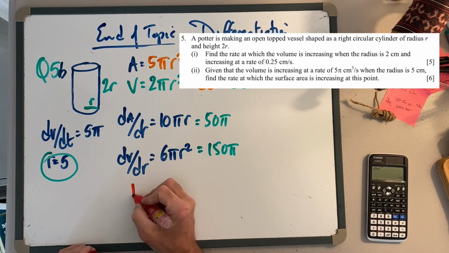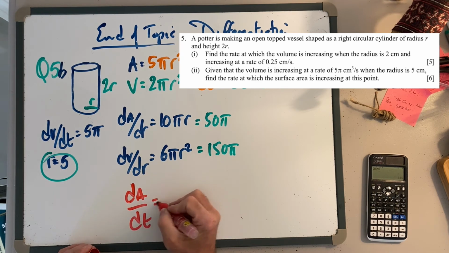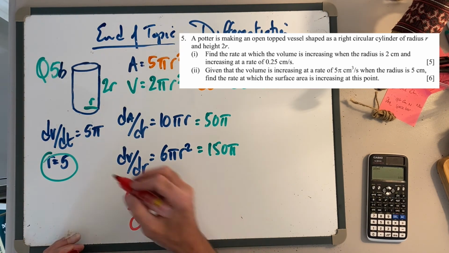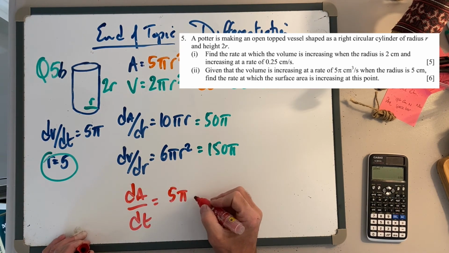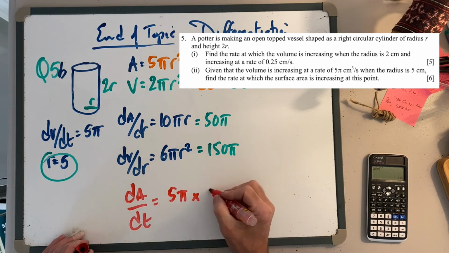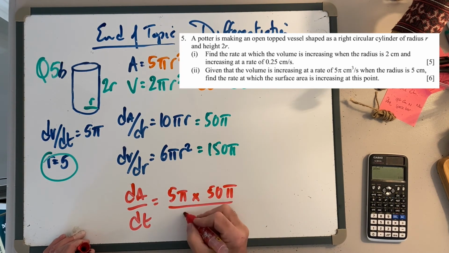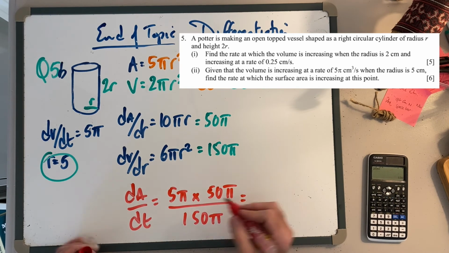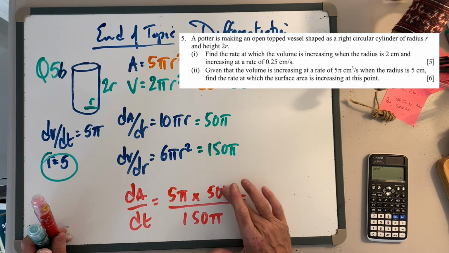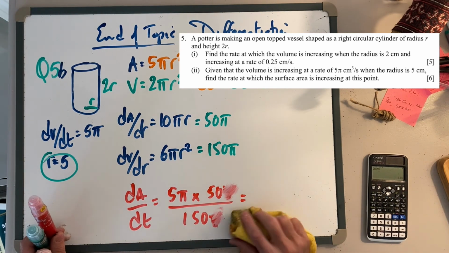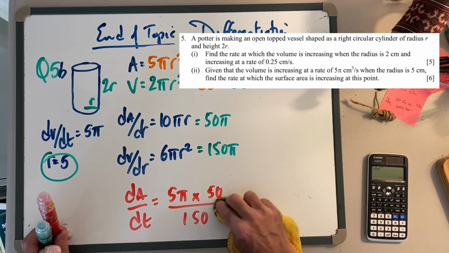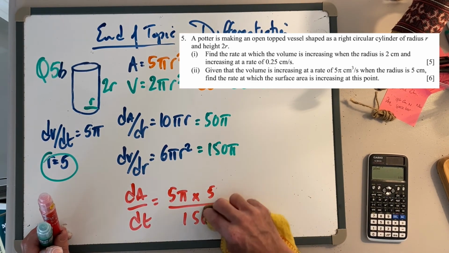So now let's see if we're getting this right. dA/dt equals dV/dt, 5 pi, times dA/dr, 50 pi, all over 150 pi. Obviously I can get rid of one of these pi's here, just to make life simple. I can divide by 10, boom.